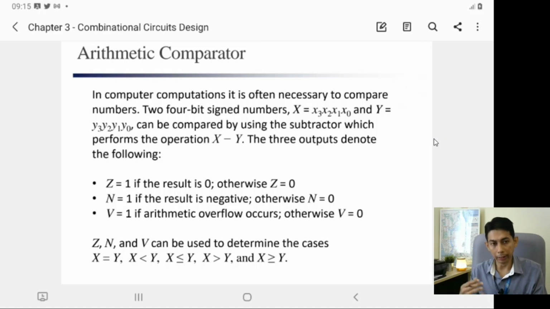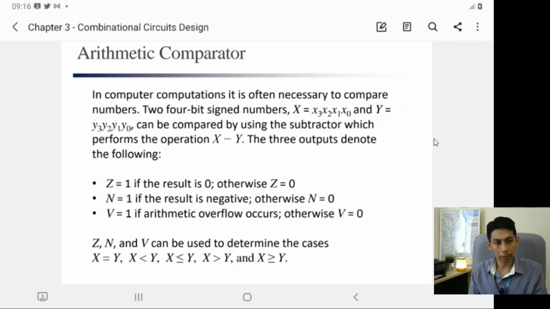For example, A bigger than B, or A less than B, or even A equal to B, right? Using a comparator. But that comparator, the one that we learned last week, is used for comparing positive numbers. What if the number is negative? So that comparator cannot be used.